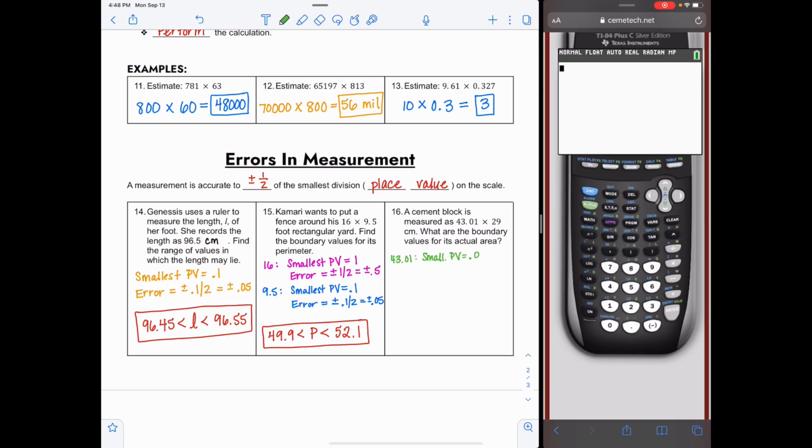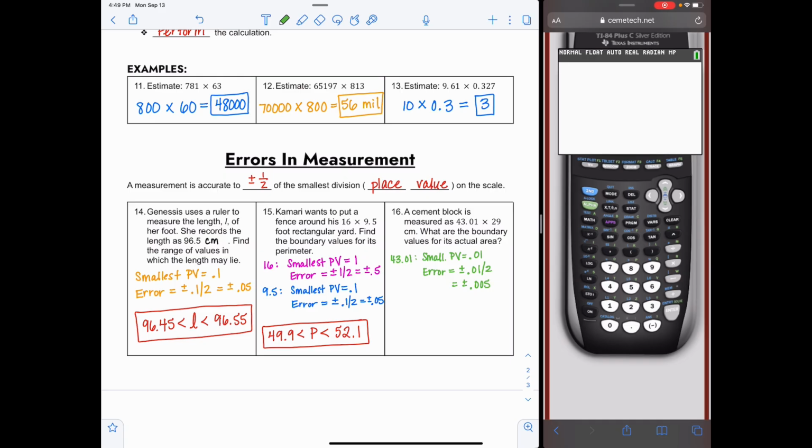So I'm going to put 100 there. Now, in order to calculate the error, you will have to take plus or minus your lowest place value and divide it by 2, which means that my error is going to actually be plus or minus 0.005.